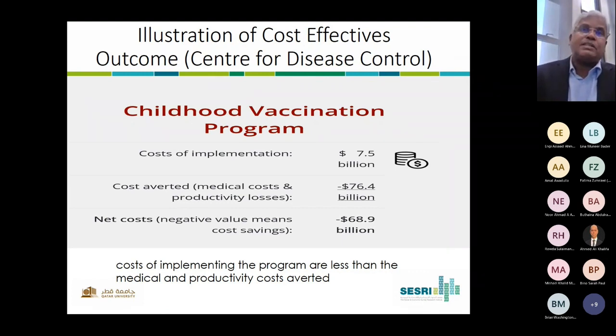That is what this cost effectiveness table illustrates. The cost of implementation is 7.5 billion. It's a very small sum, but the cost saved in terms of lives saved or illness treatment costs avoided is large.